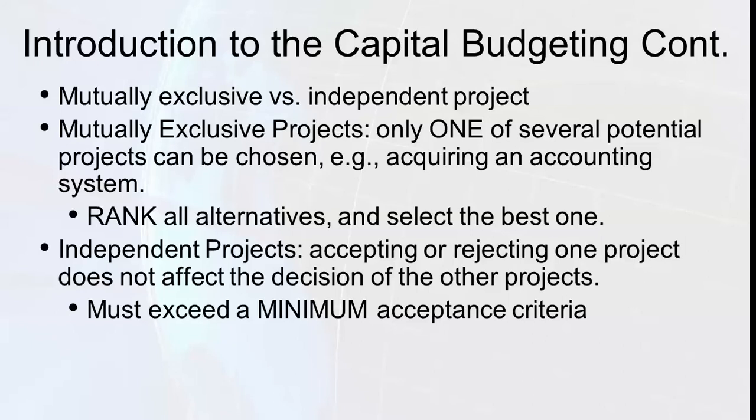You rank all of these projects and choose the best one. If it is independent projects, you're going to be choosing all these projects. So accepting or rejecting one project does not affect the decision of other projects. That's the case of independent projects.